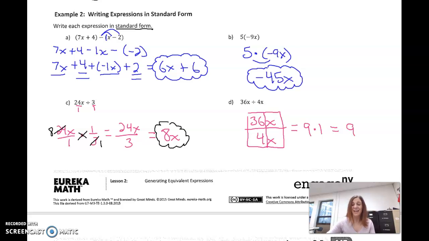So this actually has that variable cancel out. There's nothing wrong with having the variable cancel out too. That happens because remember, it's a number. If this was 5, 5 divided by 5 is 1. X divided by x is 1. Okay? So my advice for these is just to take your time, use the things you already know, additive inverses, multiplicative inverses, opposites and reciprocals, and be very careful about not losing any negative signs.